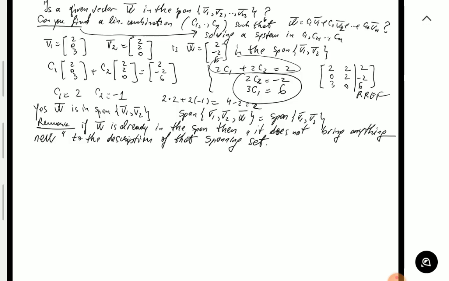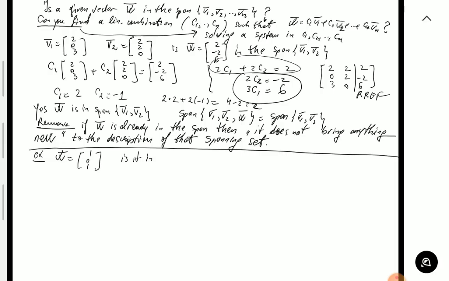All right, so let's actually do an example in which we ask the same question for another vector, to see if it's in this spanning set or not. So let's say I'm looking at another vector, W equals (1,0,1).